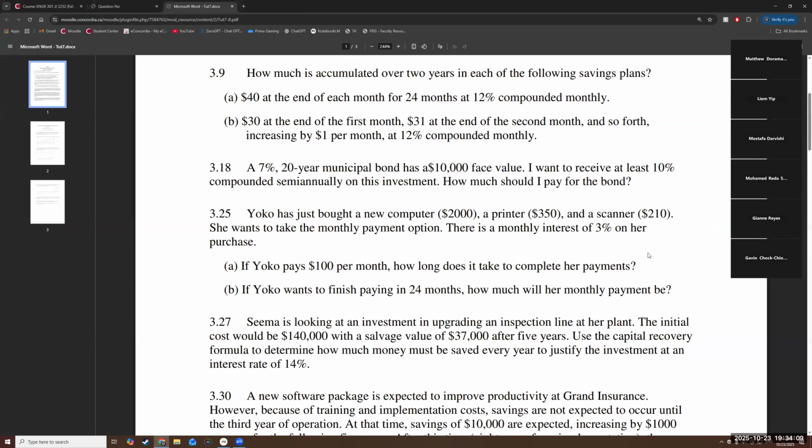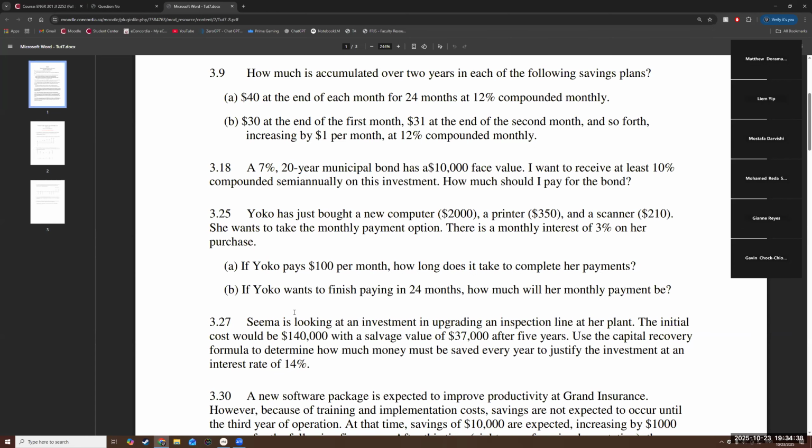There is a monthly interest of 3% on her purchase. And then it says, if Yoko pays $100 per month, how long does it take to complete her payments? So basically, she's buying items at a defined present value, and she wants to pay with a monthly option. And our interest rate for a month is 3%.